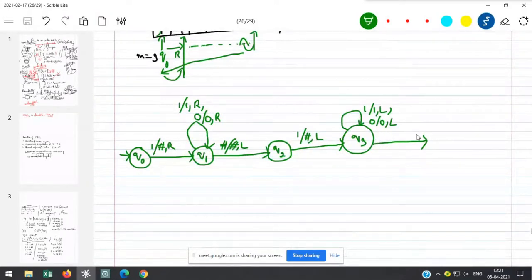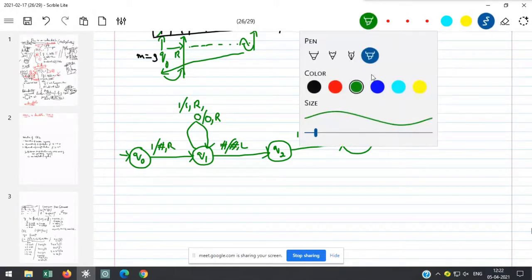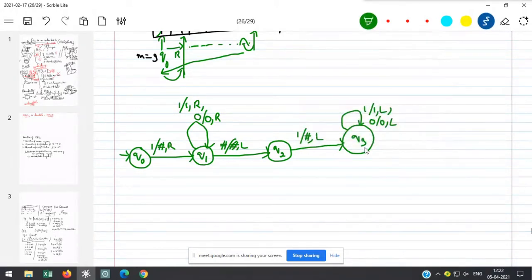So instead of extending there, let me just do it like this.